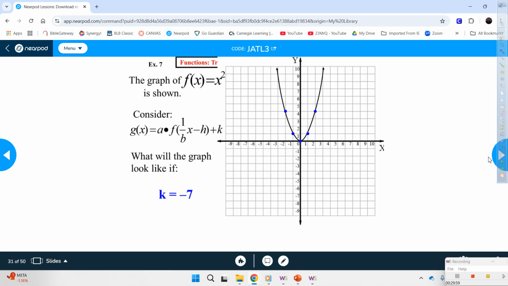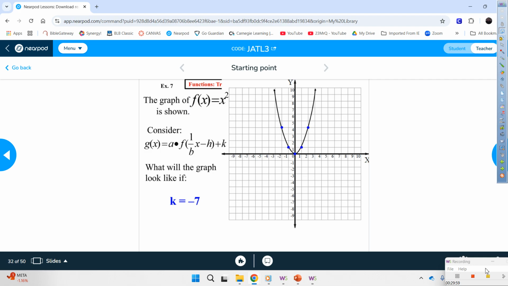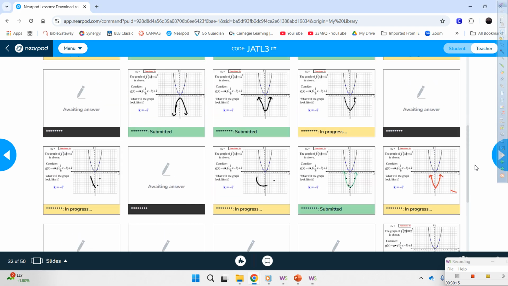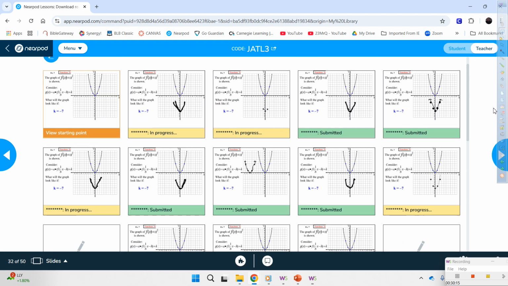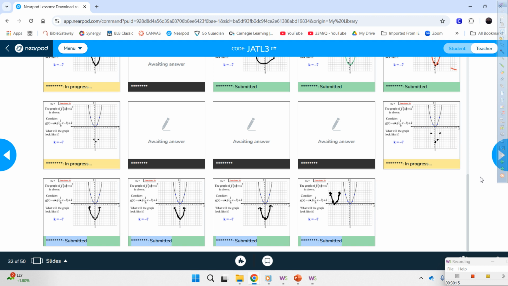K is negative 7. Tell your neighbor. All right, graph it on the screen, everyone. Looks like it's moving down, is that correct? All right.